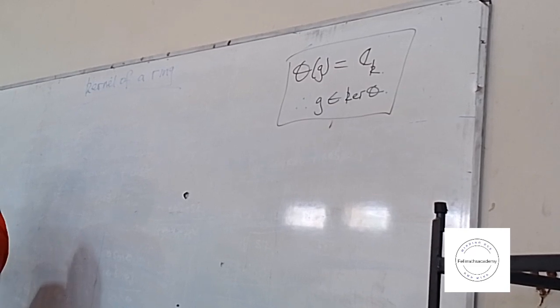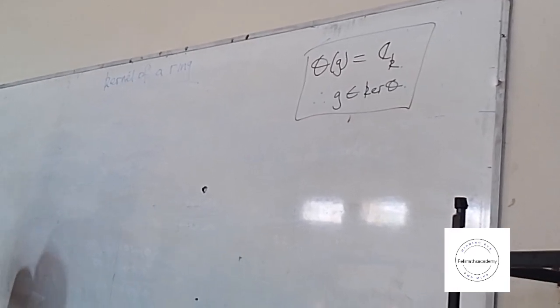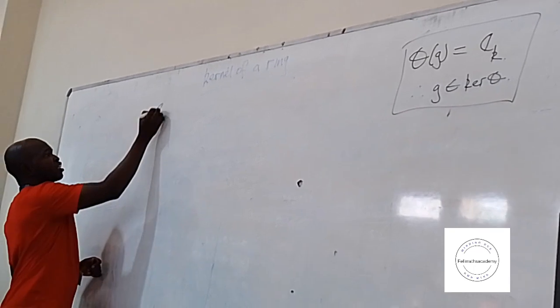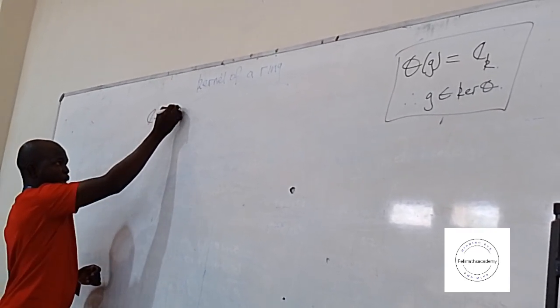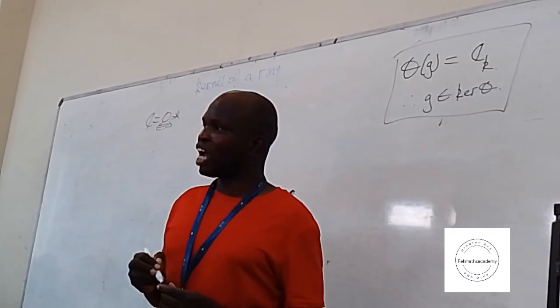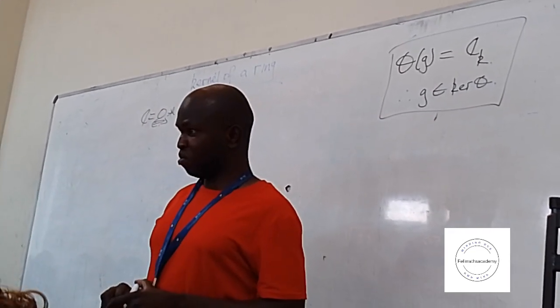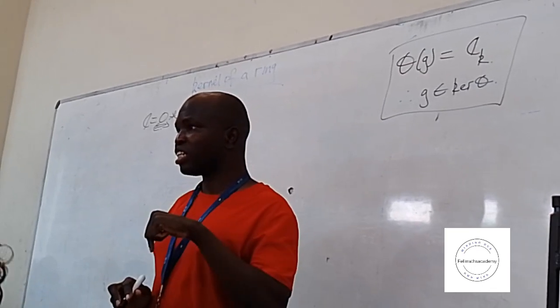You don't have to worry about identity anymore. So we write zero, because the identity of addition is what? Zero.